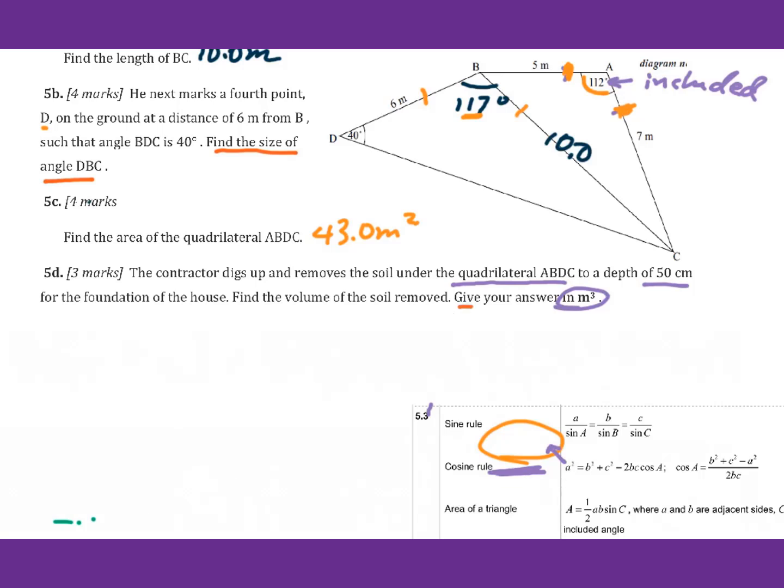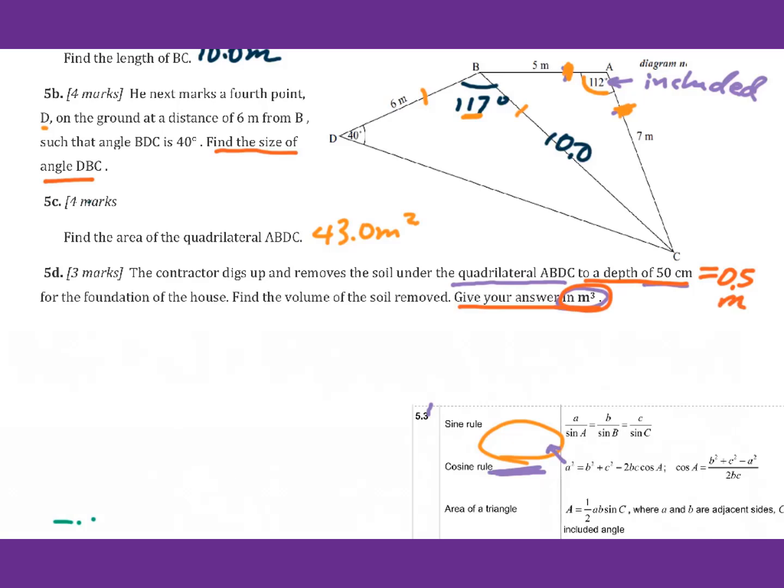Whenever you see this, give your answer in meter cubed, that means you need to pay more attention to the units. You need to change everything into meters. For example, a depth of 50 centimeters, you need to change into 0.5 meter.